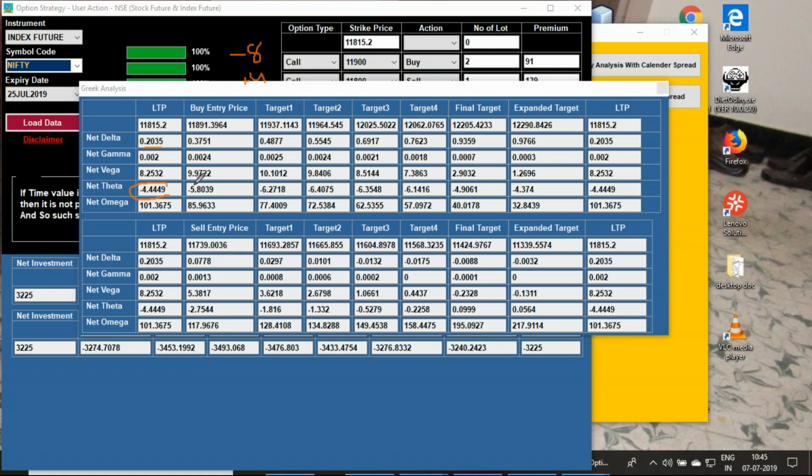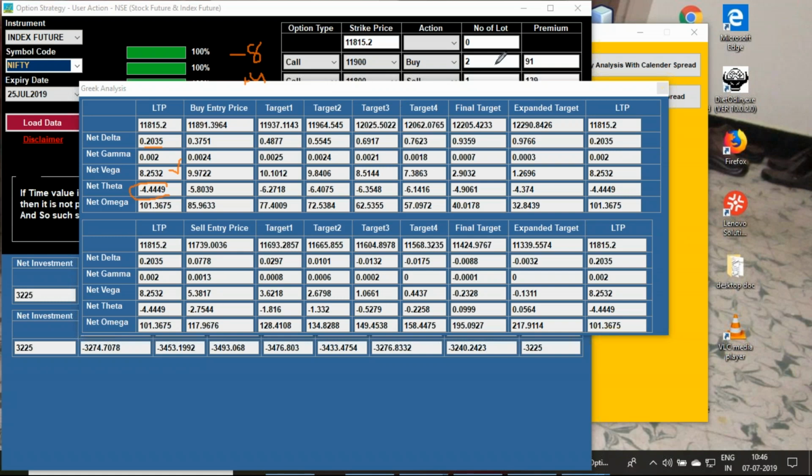So every day there is 4 rupees 44 paisa of theta decay sitting here, and for each 1% change in volatility, if volatility falls by 1%, Vega is also going to give me a loss on the value. So whatever the value, 80 paisa, 90 paisa, it will come. Each 1% fall in the IV will give me 80 paisa into 75, whatever the net lots are.